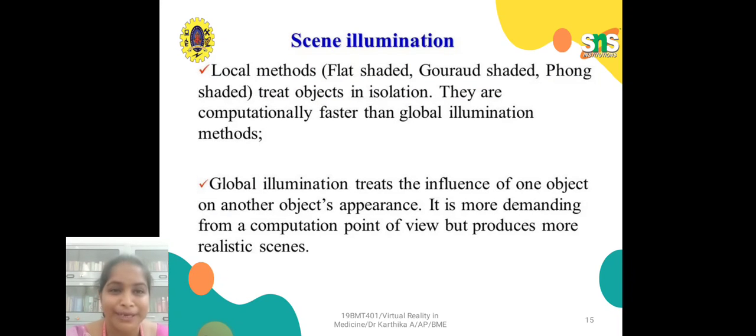See the scene illumination part: local methods, flat shaded, Gouraud shaded and Phong shaded, treat objects in isolation. They are computationally faster than global illumination methods. Global illumination treats the influence of one object on another object's appearance. It is more demanding from a computation point of view, but produces more realistic scenes.